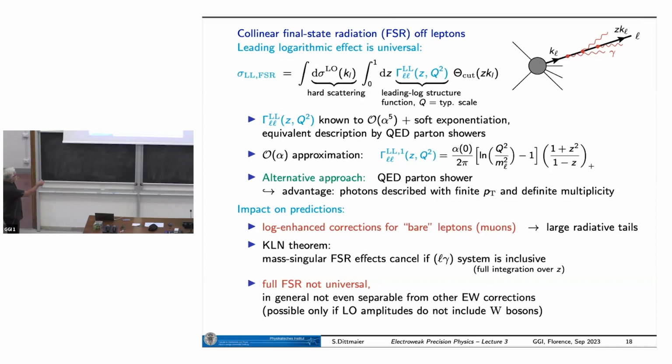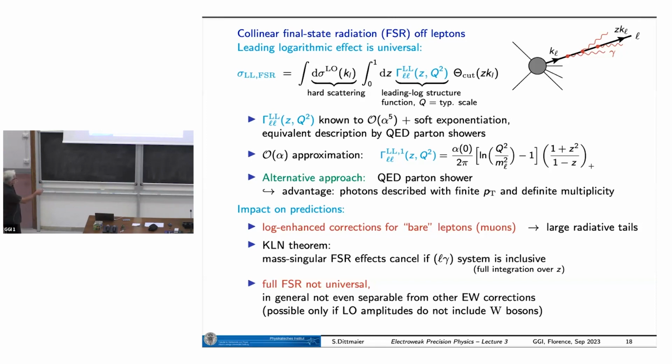And this is the reason why you can write down this effect in this factorized form, factorized in the sense that you have the radiation part factorized from a hard cross section. There's still some integration involved, but still differentially this kind of factorizes here.